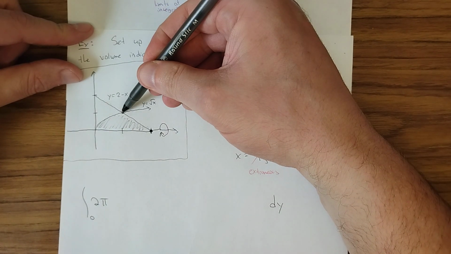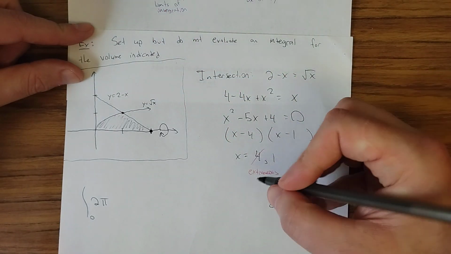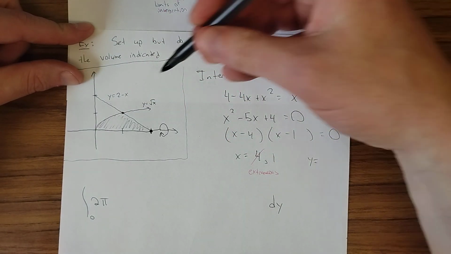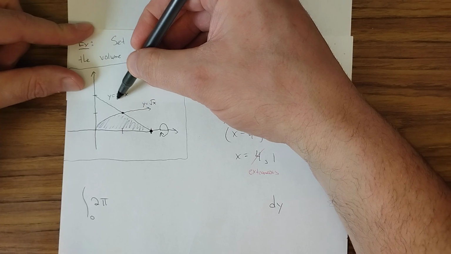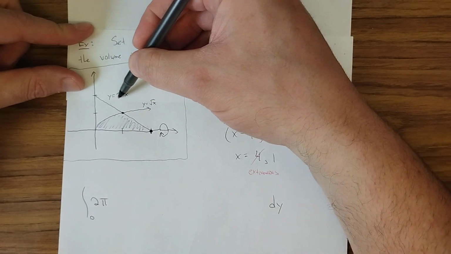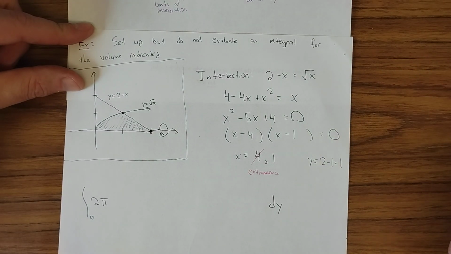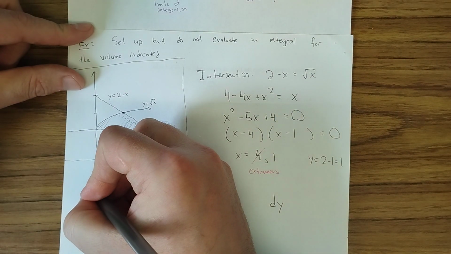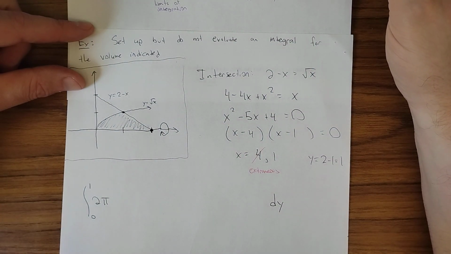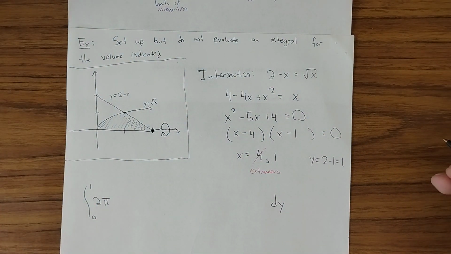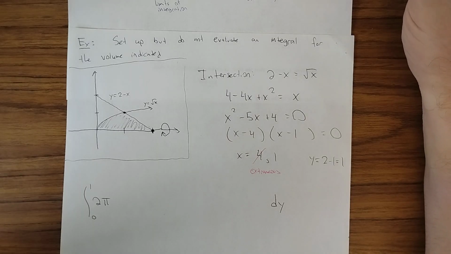I found the x-coordinate at this point. I just want the y-coordinate. And this is where these two curves intersect, so I could really plug x into this formula or this formula, either way. I get y equals 1. So that's how high y goes. Okay, making progress.